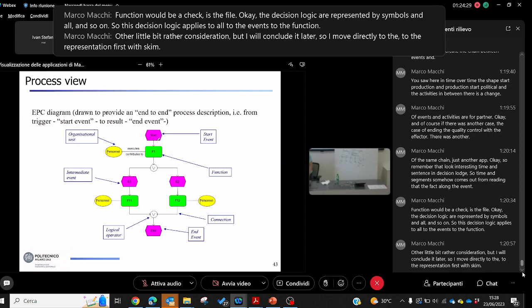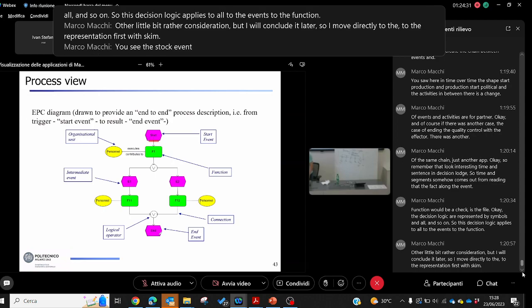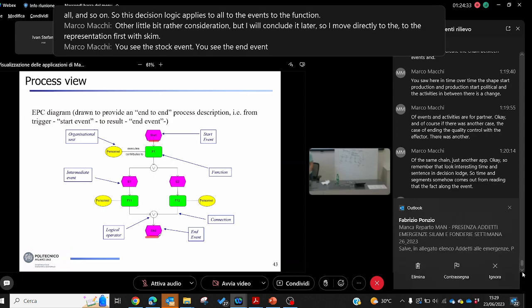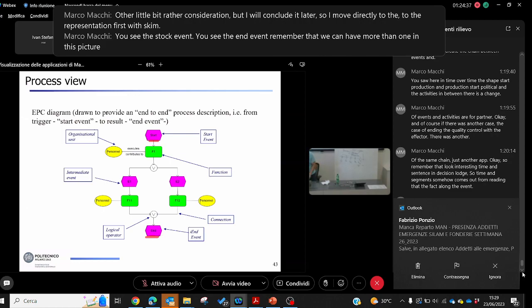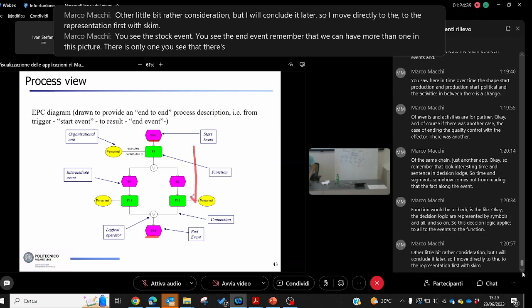You see the start event. You see the end event. Remember that we can have more than one; in this picture, there is only one. You see that there is a part of events and functions that can be realized through time.